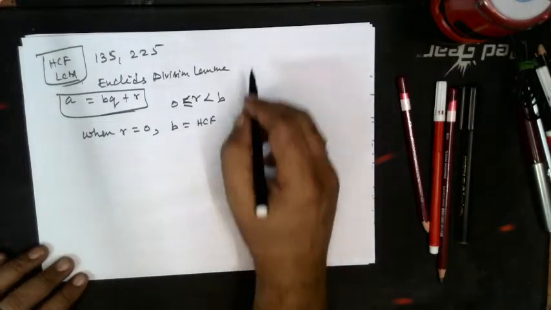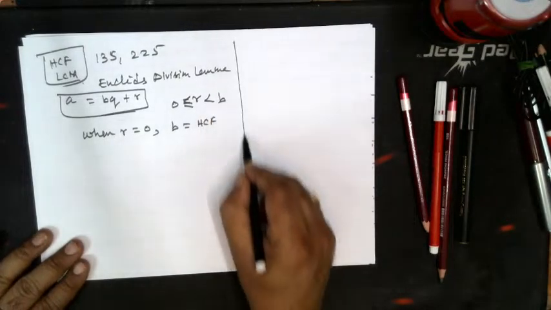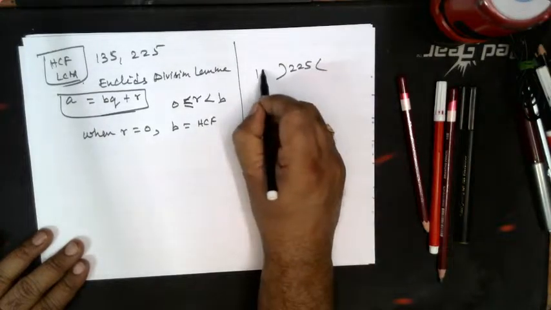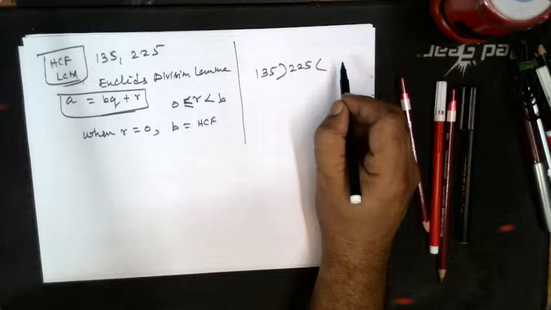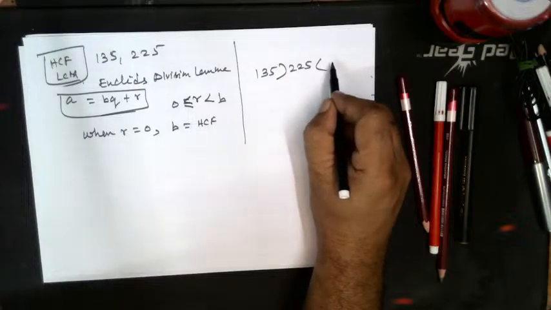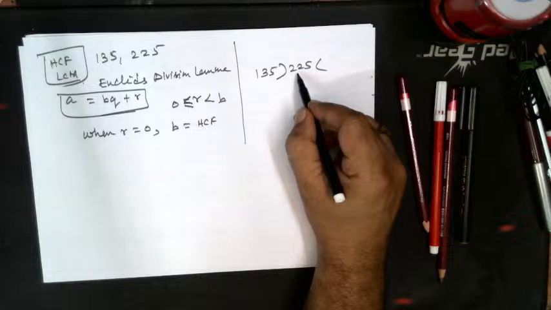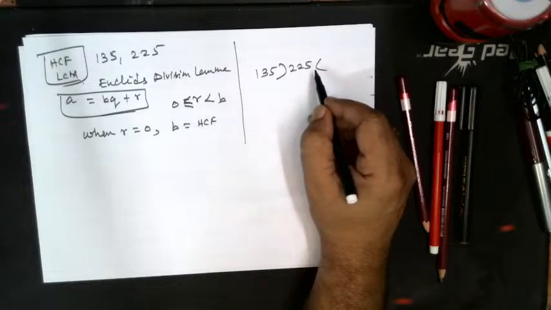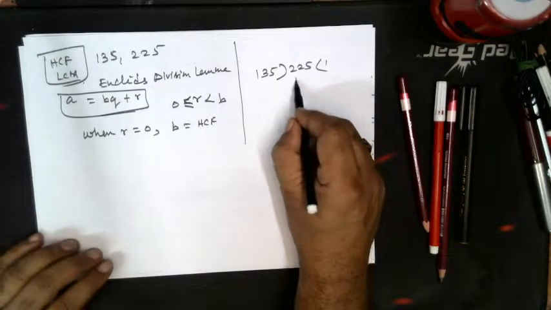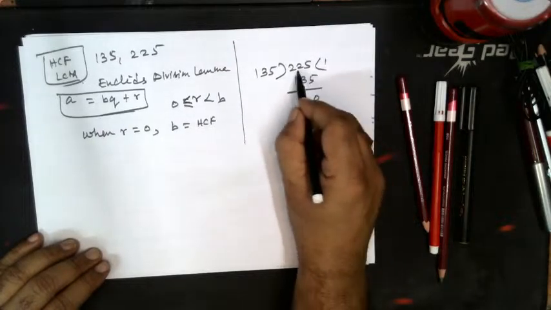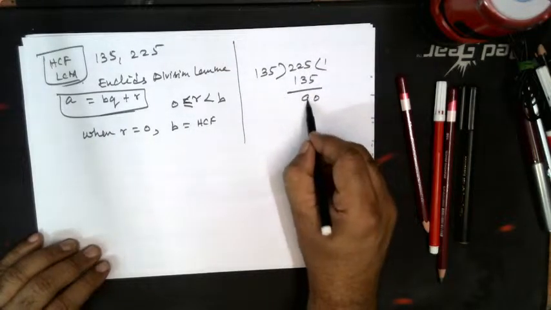Okay, I'll teach you. Now listen to me. We'll go by 225. Take this 135. How many times? One time. So 225 minus 135 is 90.